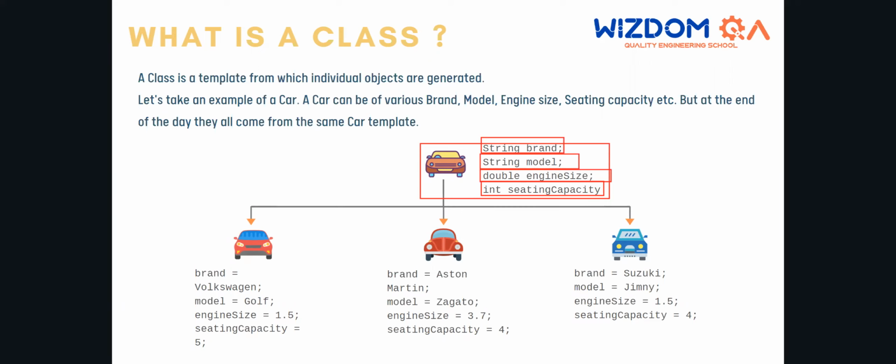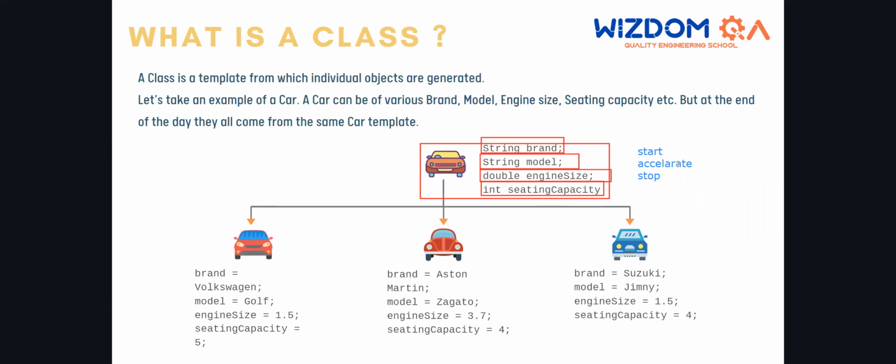And properties would be, for example, a car can start, can accelerate, and can stop. This is the basic task a car should be able to perform. A car should be able to perform this basic task, right?